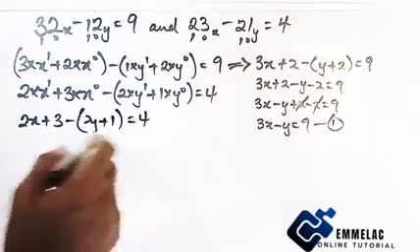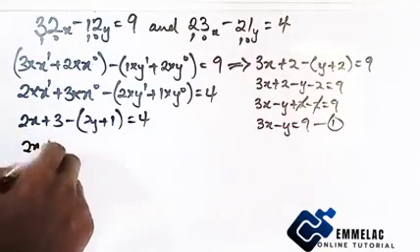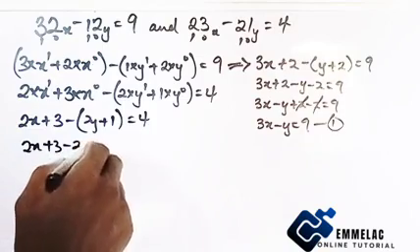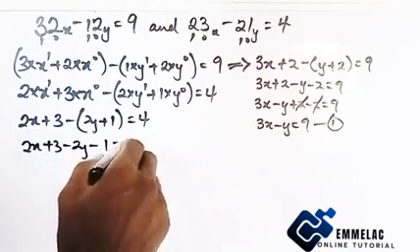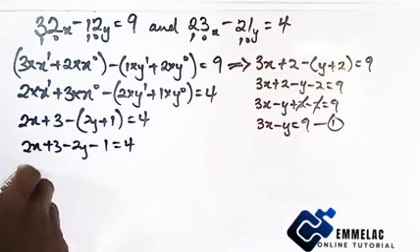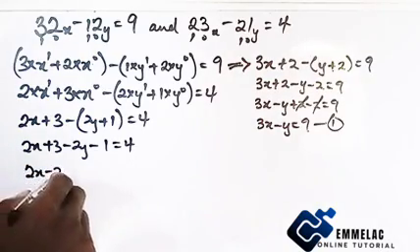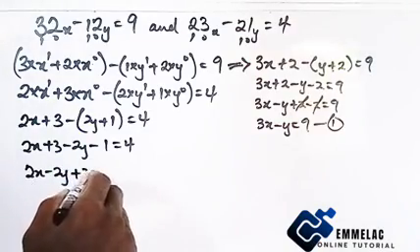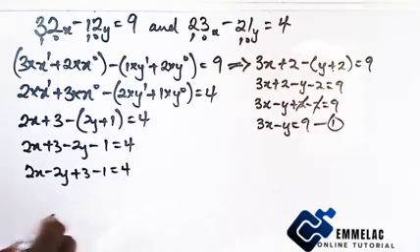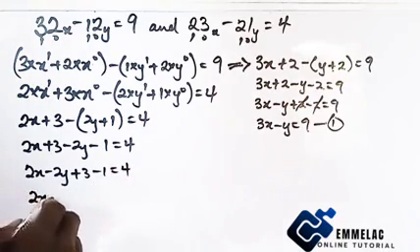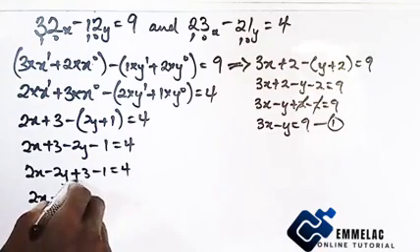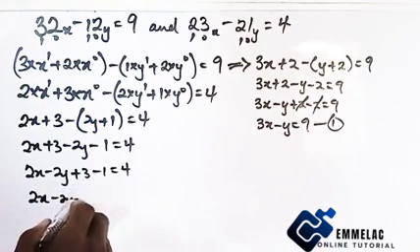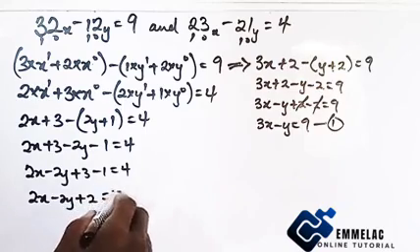In this case, opening this bracket, you have 2x plus 3 minus 2y minus 1, all equals 4. Now collecting like terms, you have 2x minus 2y, then plus 3 minus 1 equals 4. So plus 3 minus 1 gives us plus 2, equals 4.